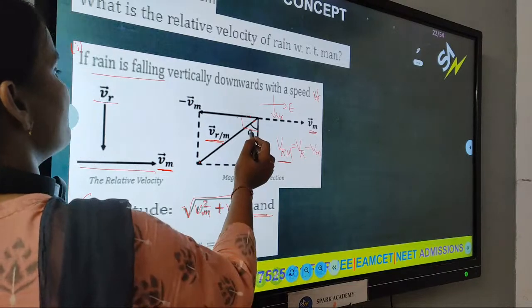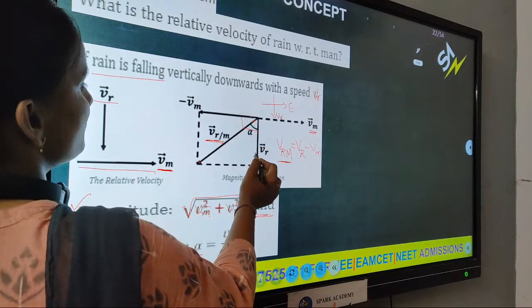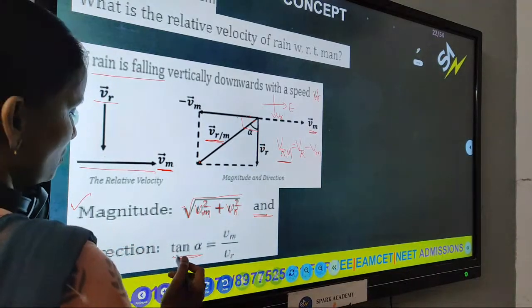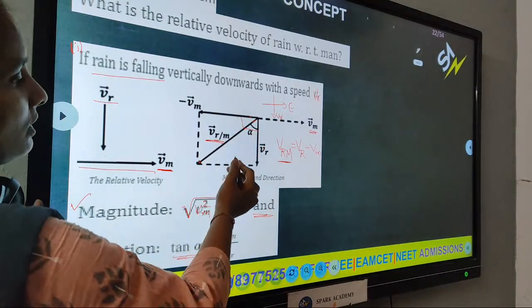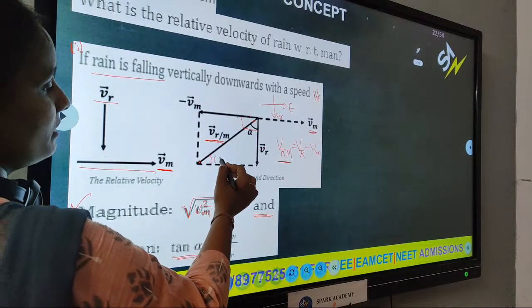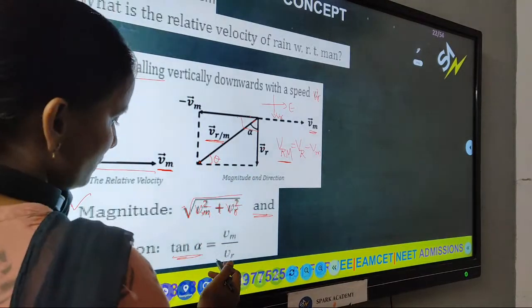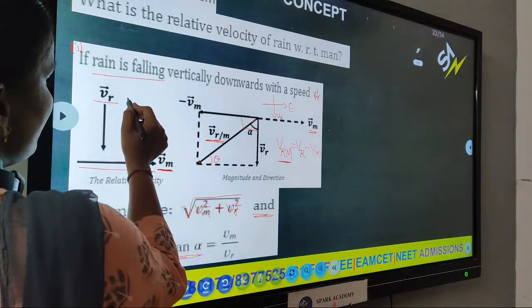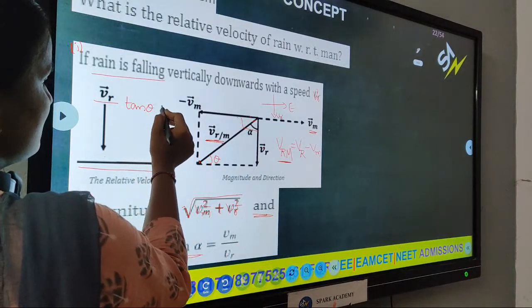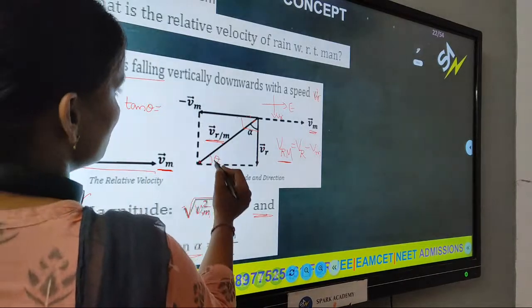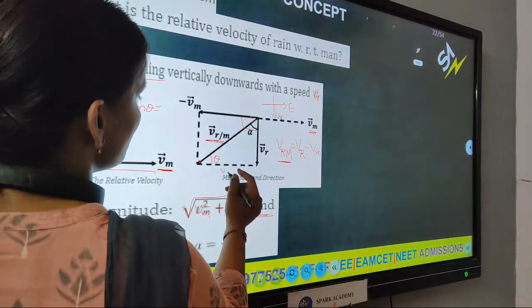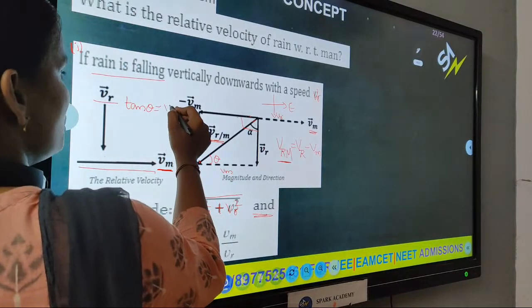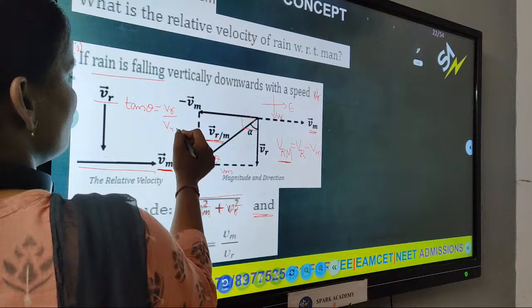For example, if it is making angle alpha with the horizontal direction, this tan component changes. So whether the angle is made with the vertical or with the horizontal, we need to be careful. If they are asking for the angle made with the horizontal, we have to write tan theta is equal to Vr by Vm.